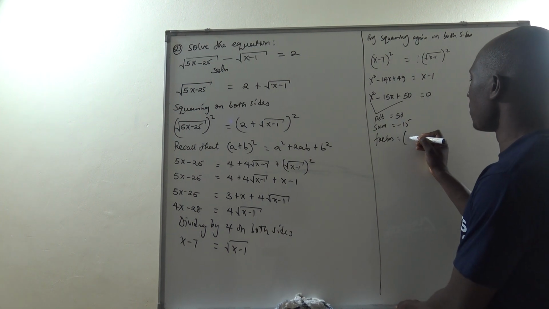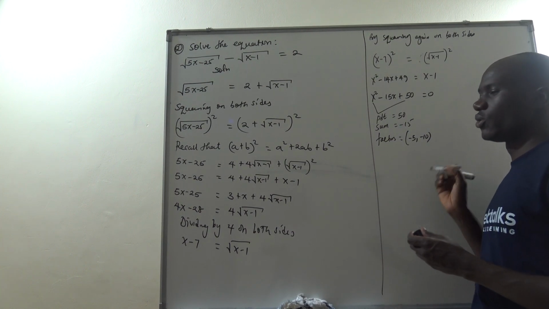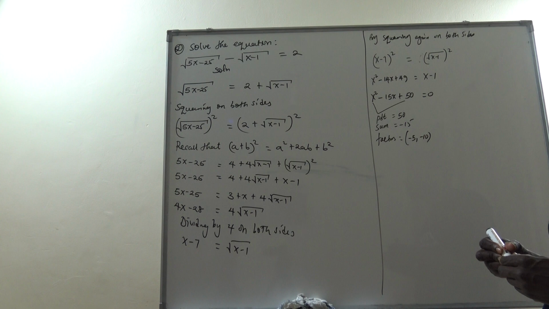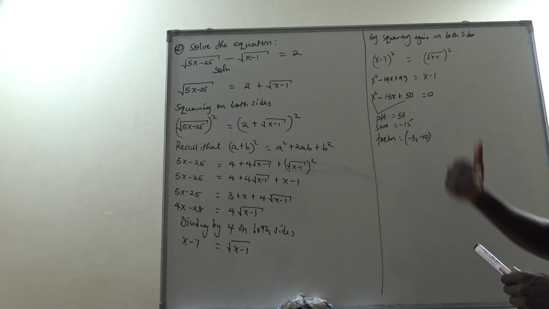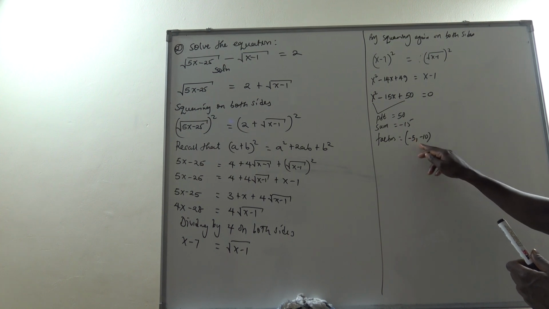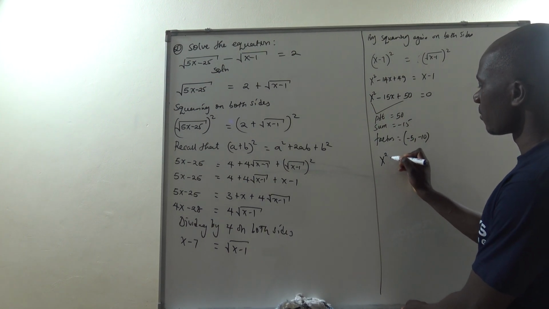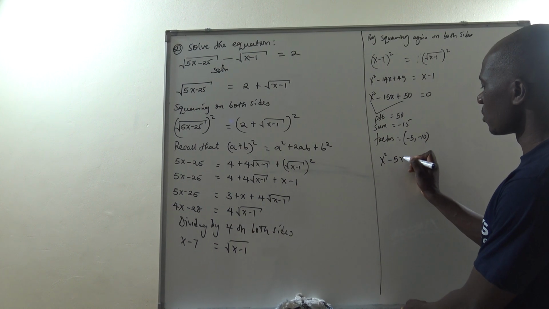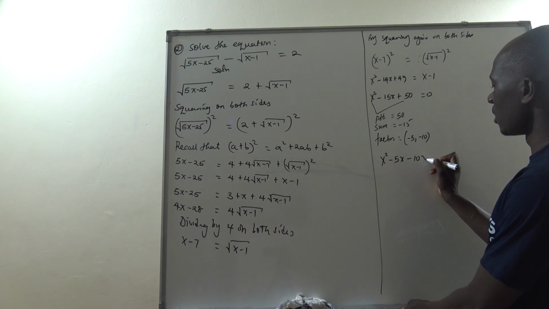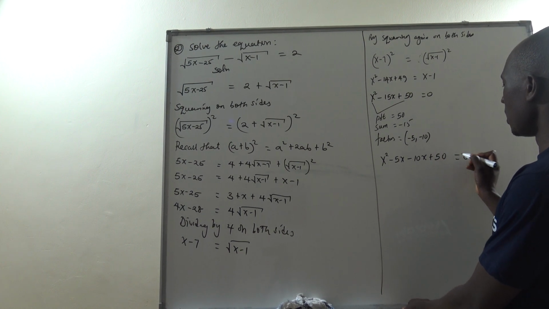I'm seeing a negative 5 and a negative 10. When I add the two, I get negative 15, and when I multiply, I get 50. So we are going to have x squared minus 5x minus 10x plus 50 equals 0.